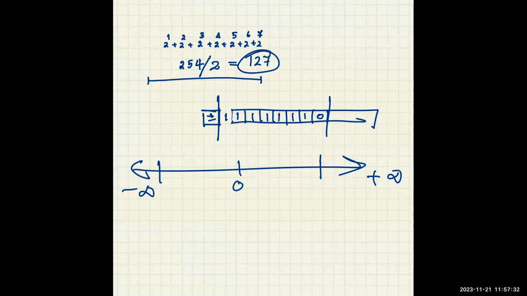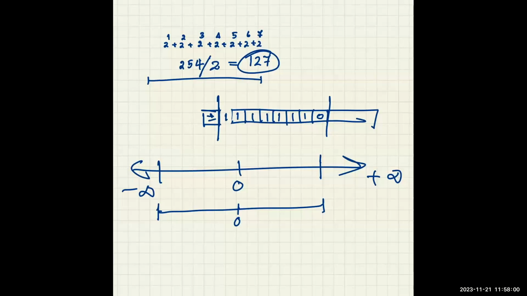Okay? 127. So I will say that, okay, if I say that the whole thing here, the largest if you have all ones is 254. Okay. If I divide it by 2, I will set 0 here.